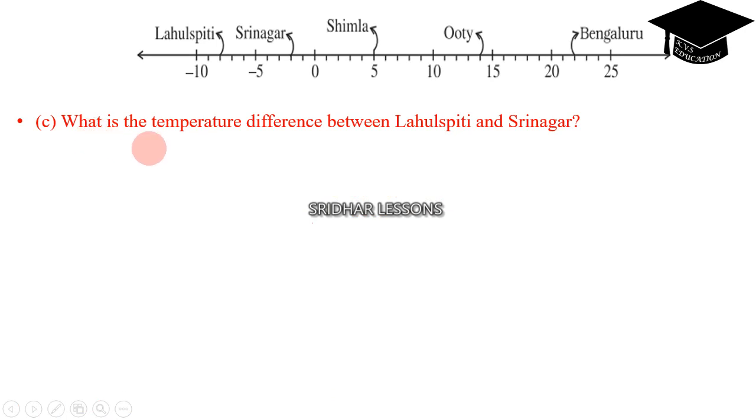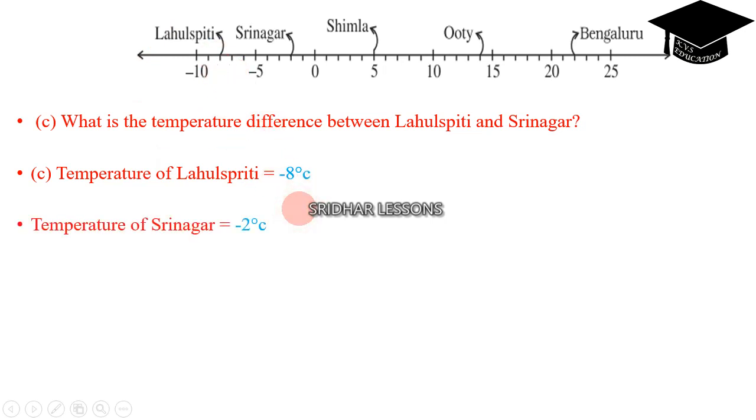Question C. What is the temperature difference between Lahaul Spiti and Srinagar? The temperature of Lahaul Spiti is -8 degrees centigrade and the temperature of Srinagar is -2 degrees centigrade.